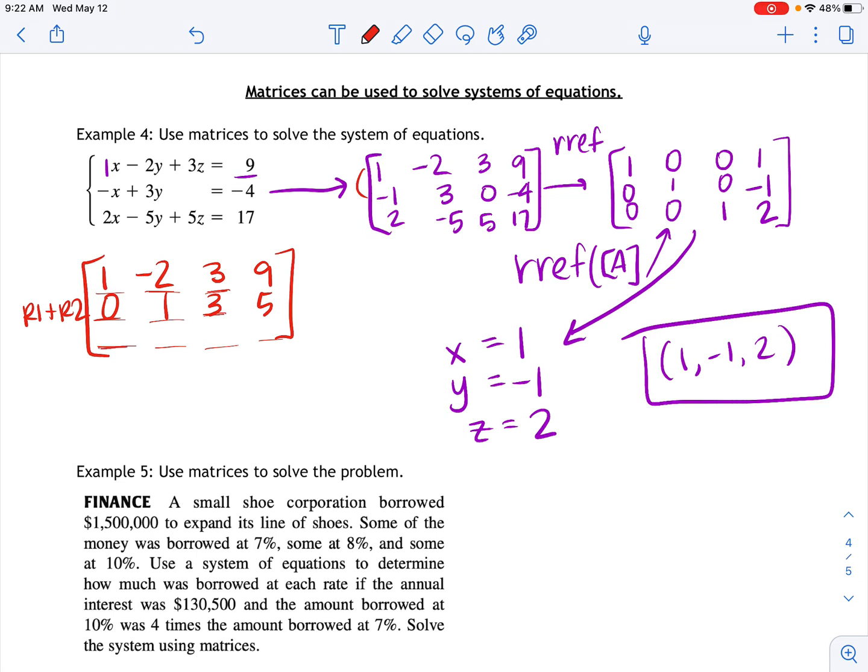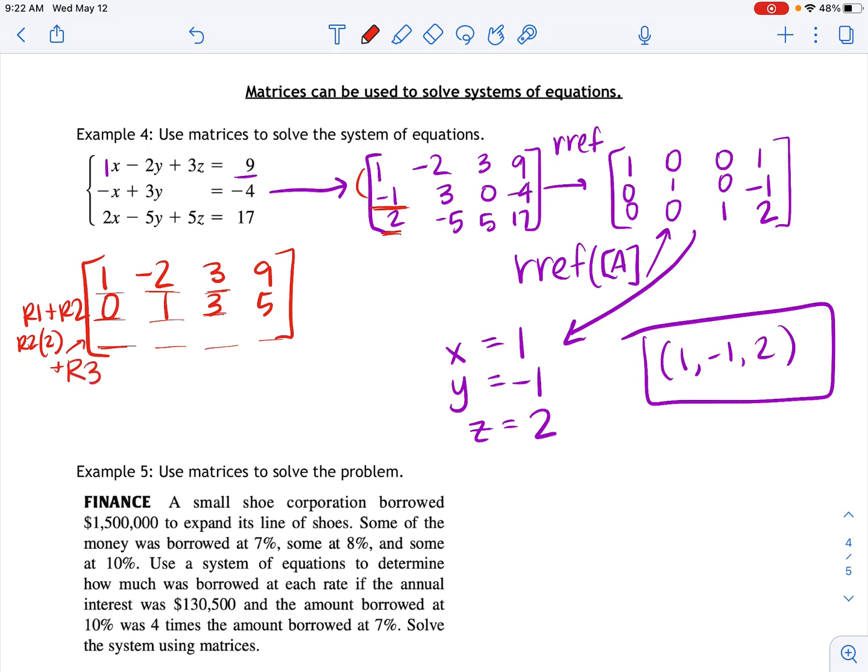So if I want my first entry in the third row to be a 0, I look up here, it's currently a 2. Well, I don't want it to be a 2, so I want to add that to a -2, so maybe I'll take row 2. I'll multiply it by 2, so that this -1 would be a -2, and then I'll add it to row 3.